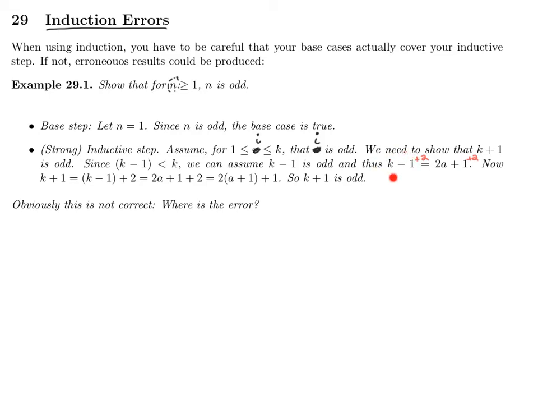When we're saying k minus 1 is odd, well, that really isn't in our set when k equals 1. k minus 1 doesn't fit this. So that's kind of the key here. This k minus 1, this guy isn't in the natural numbers if we picked k to be 1.